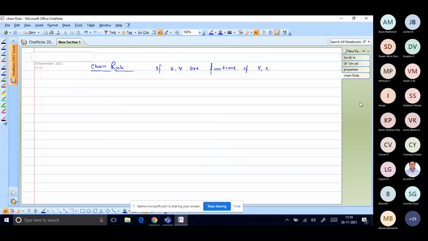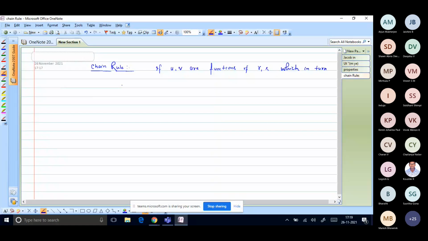See, if u, v are functions of r, s, which in turn are functions of x, y.